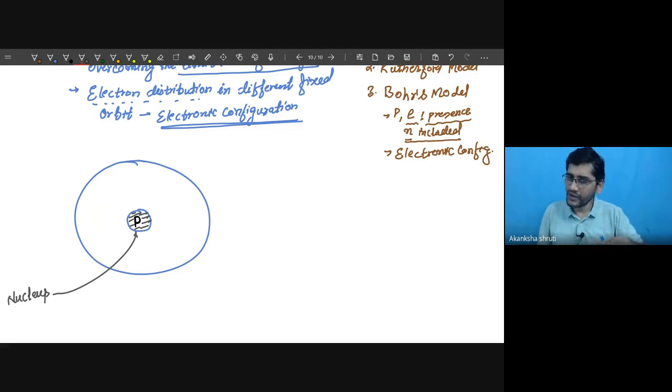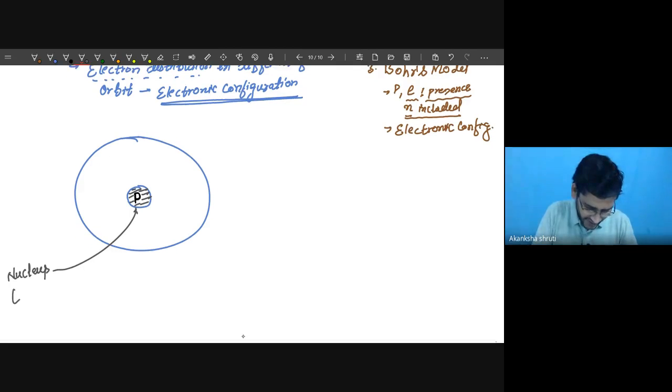It's true. Bohr also adopted the same thing. At the center of the entire atom, the nucleus is present, and the nucleus contains proton. But later on, with the discovery of neutron, it was also found that it contains another subatomic particle called neutron.